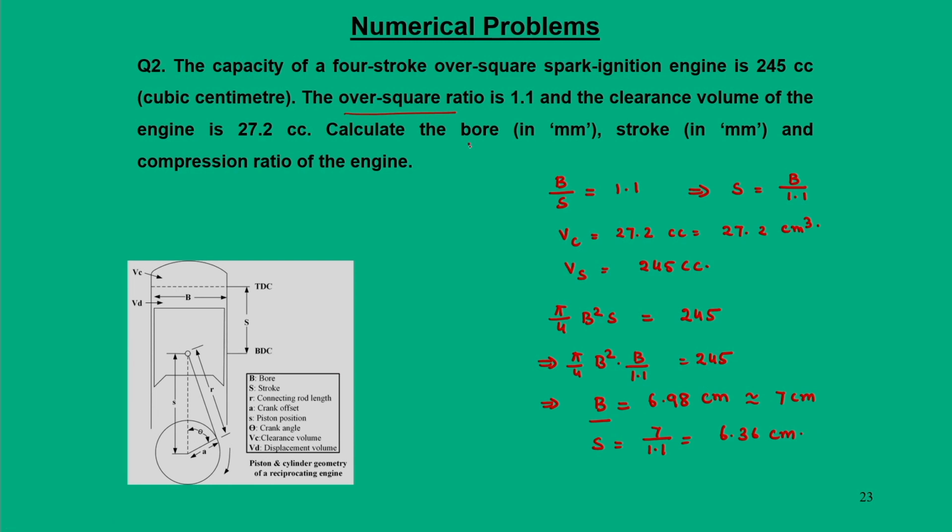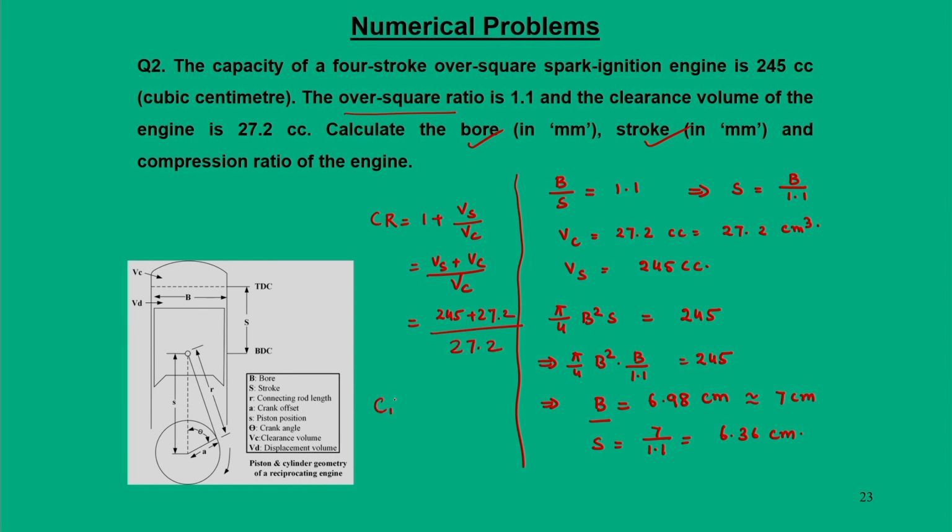So we got the bore and the stroke. By definition of compression ratio, CR is equal to 1 plus Vs by Vc, or Vs plus Vc by Vc. All these numbers are given: 245 plus 27.2, divided by 27.2.